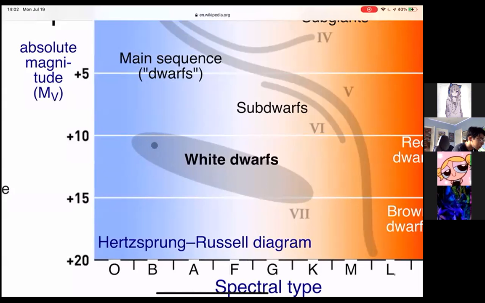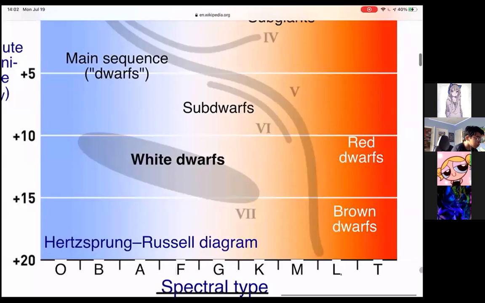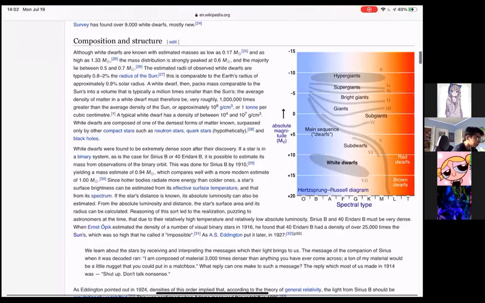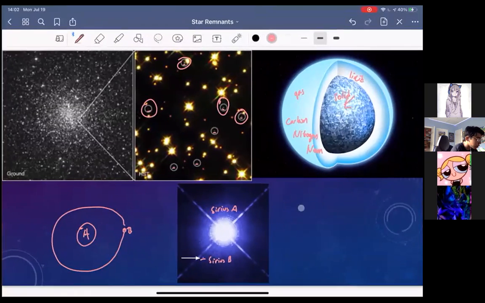As they cool down, they become redder and redder, colder and colder, and less brilliant, less hot. So over time, they begin to slide down this diagonal until they eventually just disappear. Boom, gone off the graph. So those are white dwarfs.